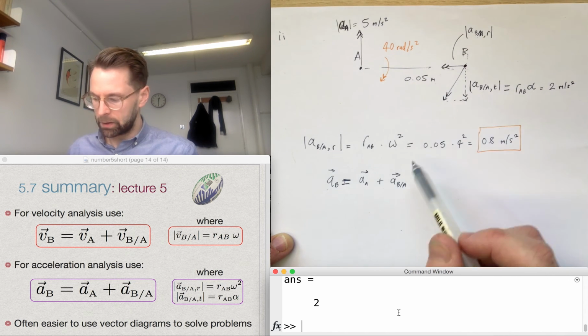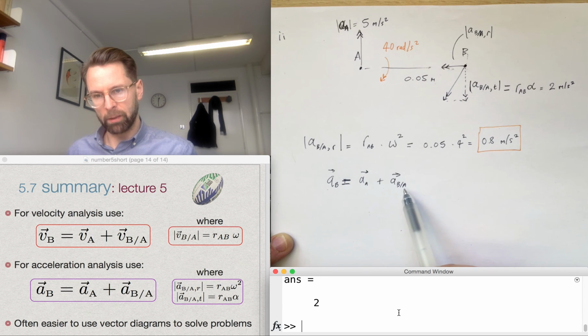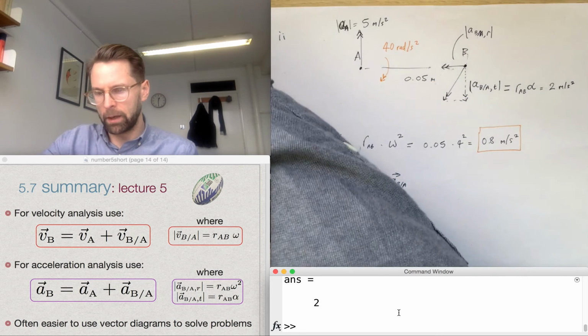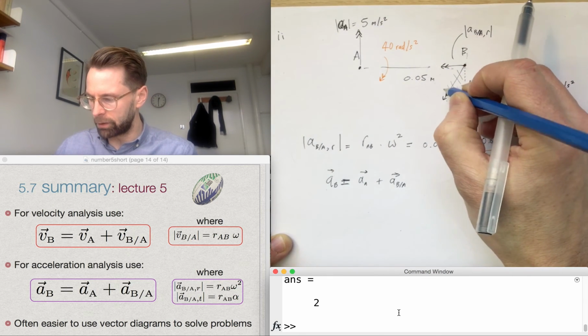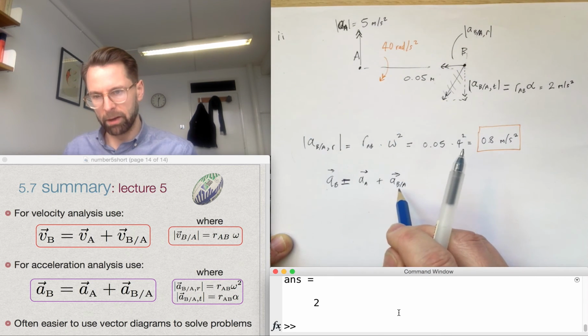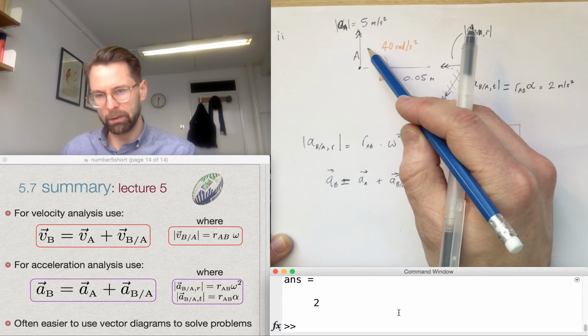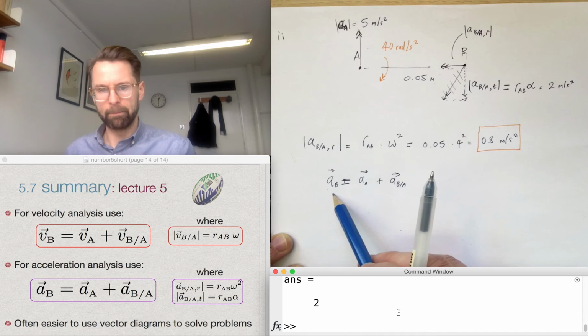So in total there are three components that are going to be added together to give you the acceleration of B. So ignore this, which is a drawing of the acceleration of B relative to A.